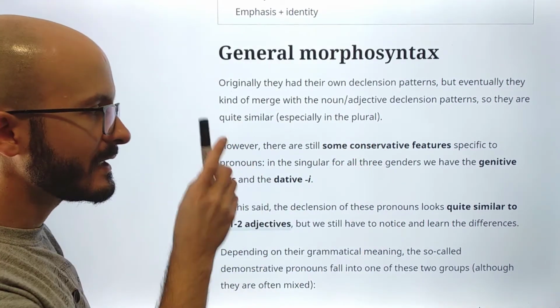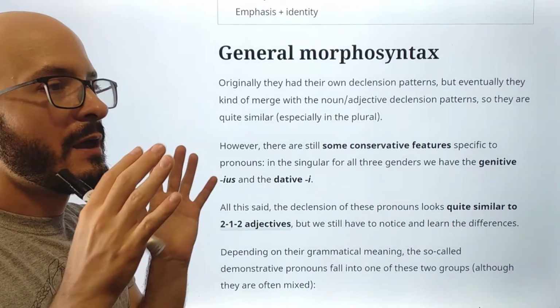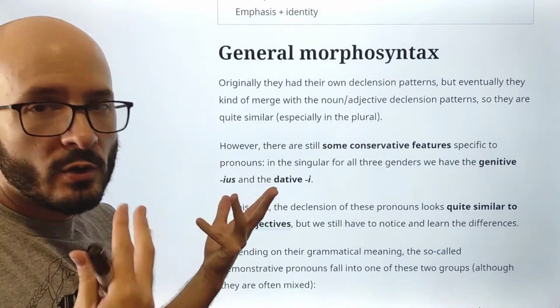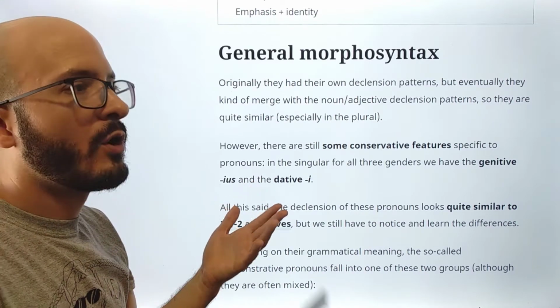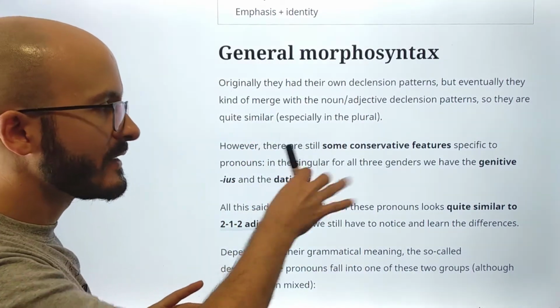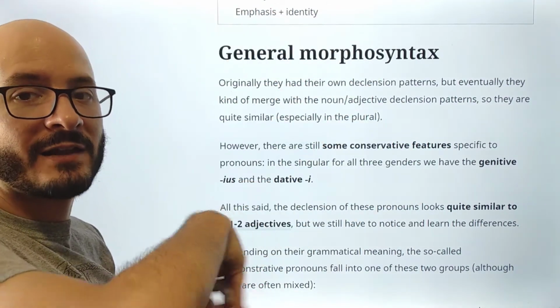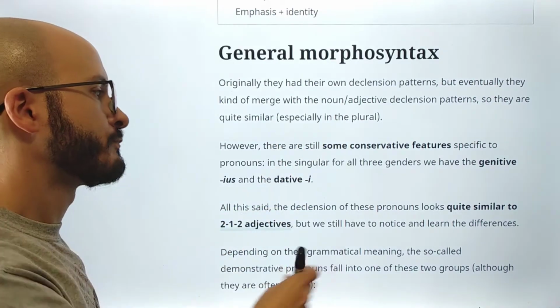However, there are still some conservative features specific to pronouns. In general, they look much like the declension of bonus, bona, bonum, altus, alta, altum, but there are these conservative features from the times that these pronouns had a different declension from adjectives.